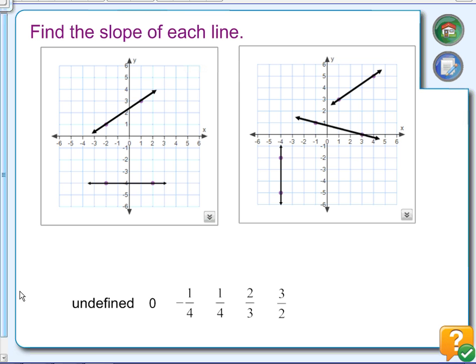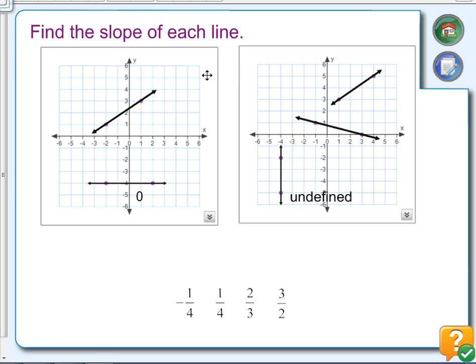So I can use this to classify. I'm going to do the really easy ones first. So we know that our undefined line is going to be our horizontal one right here. We also know that our vertical line is going to have a slope of 0. Now, for these other lines, we're going to figure out the rise over the run.